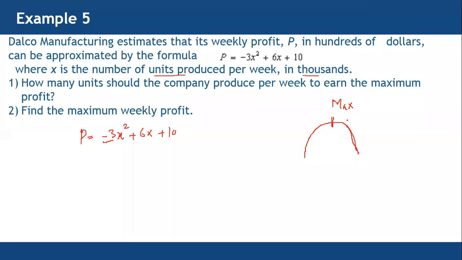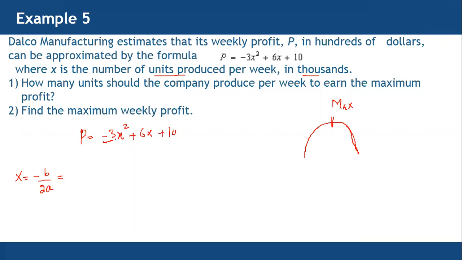So how can we find the maximum profit? For finding the maxima value, or the minimum value, we have a formula. First we have the x value: x is equal to minus b divided by 2a.